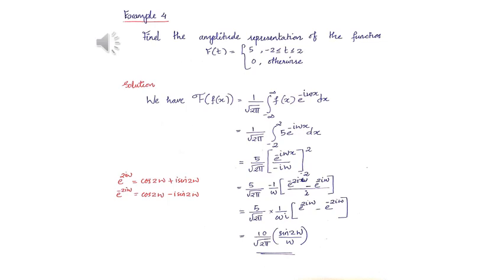So we know e raised to 2I omega is cos 2 omega plus I sin 2 omega, and e raised to minus 2I omega is cos 2 omega minus I sin 2 omega. That is, the final answer is 10 by root 2 pi sin 2 omega by omega.